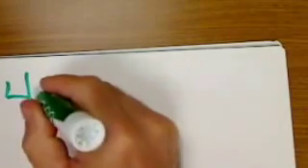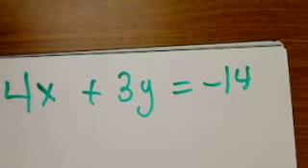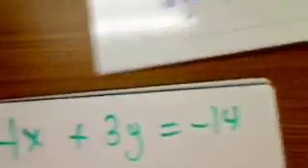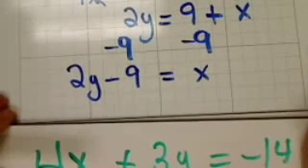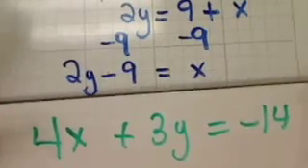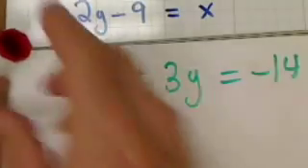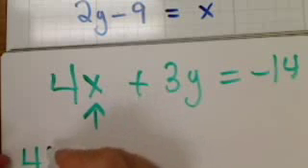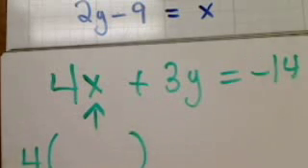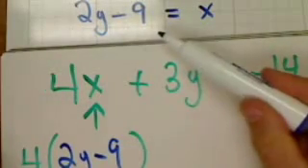Equation number 2 was 4x plus 3y equals minus 14, and I did find 2y minus 9 equals x, so I'm going to take that value and simply place it right here in the equation. So I'm going to rewrite that 4, and where I see x, I will write 2y minus 9 because that's what it is right here.